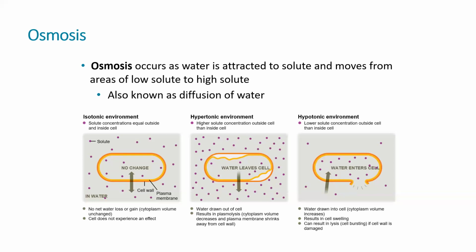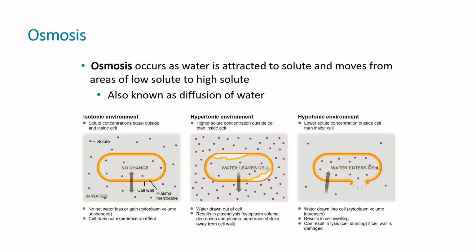And when it does that, it's going to actually cause plasmolysis. And in that process, the cell wall can actually dissociate and pull away from the membrane. You can basically get this shriveled up cell.